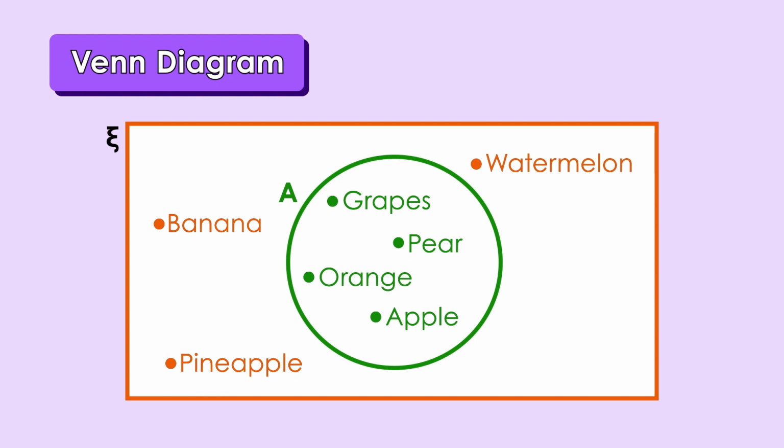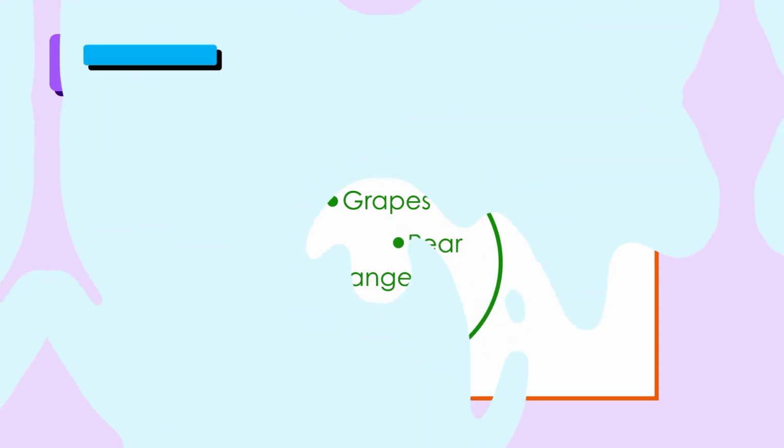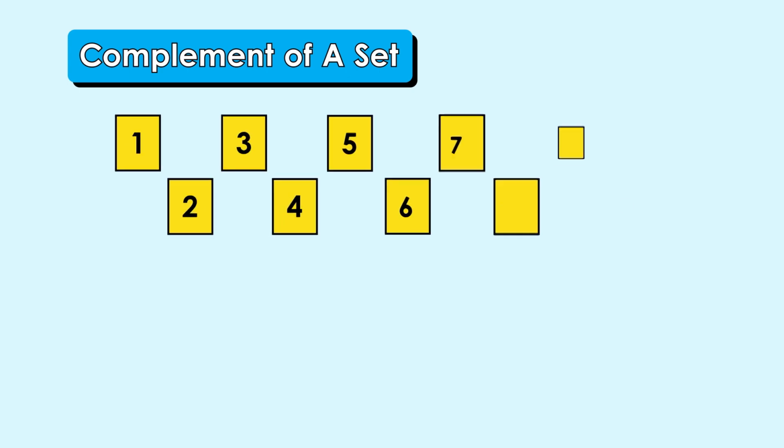In dealing with sets, another important concept to know is the complement. Let's learn what it means by a complement. Here are 10 yellow cards labeled with numbers 1 to 10.